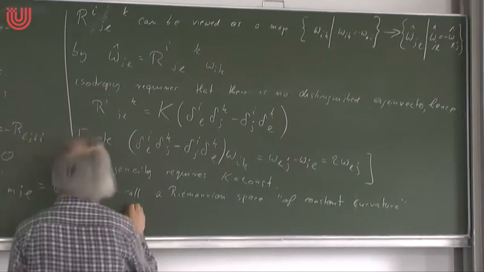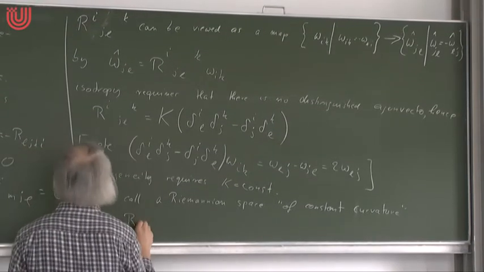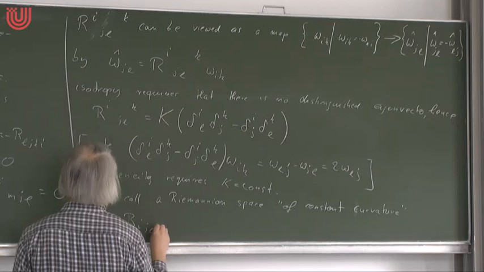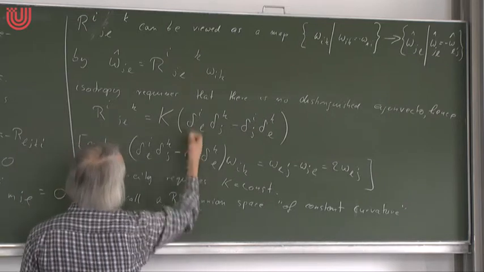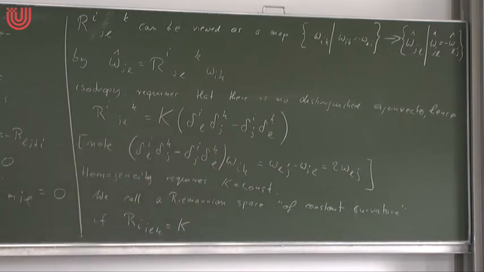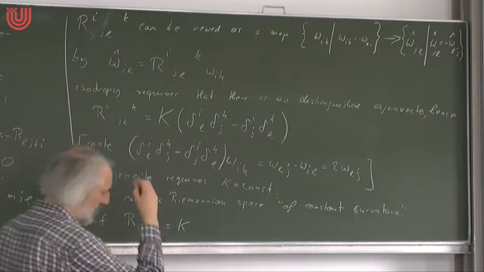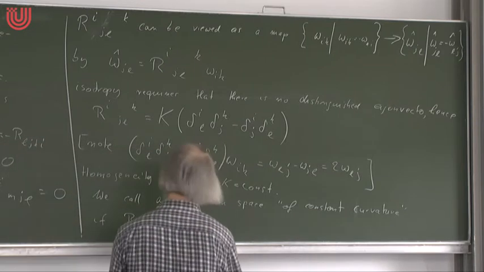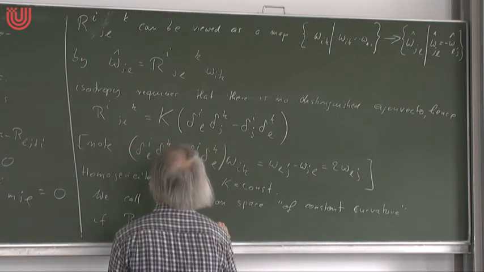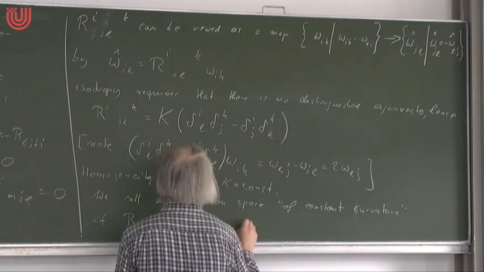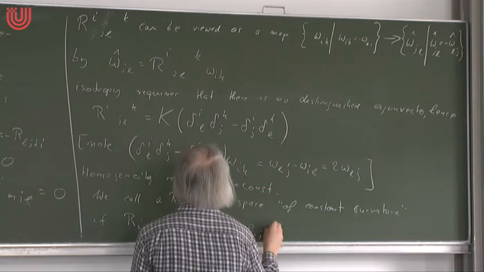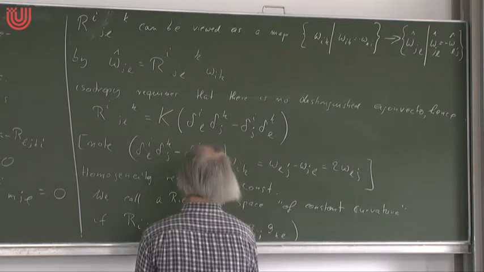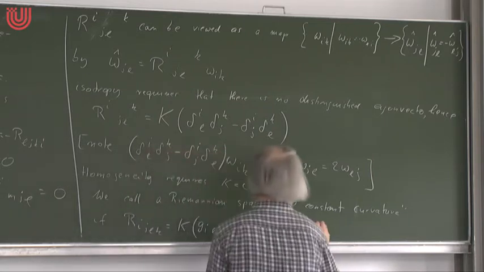Usually one pulls the indices down, so I write it in this way. If I pull all the indices down, then the delta becomes a g. Pulling an index on the metric means that I get the Kronecker, and conversely, pulling an index on the Kronecker means that I get the metric. So g_il g_kj minus g_ij g_kl, with a constant k.